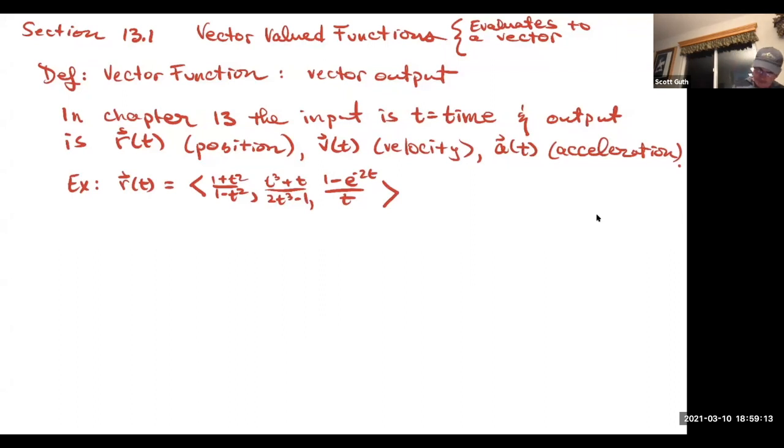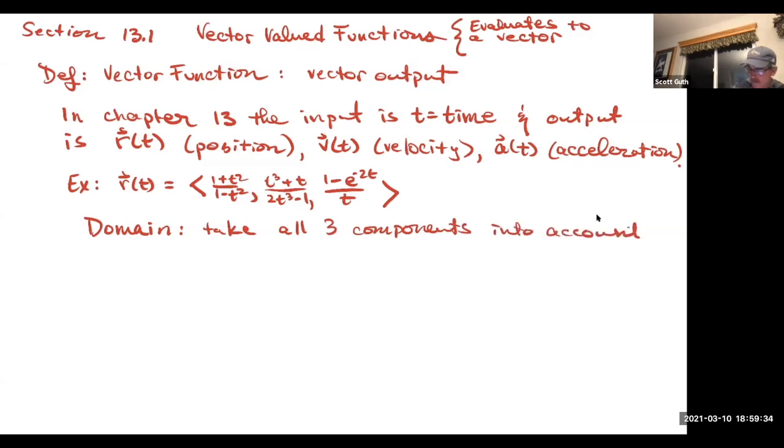Okay, so for the domain, you have to take all 3 components into account. For 1 plus t squared over 1 minus t squared, we could call that x.